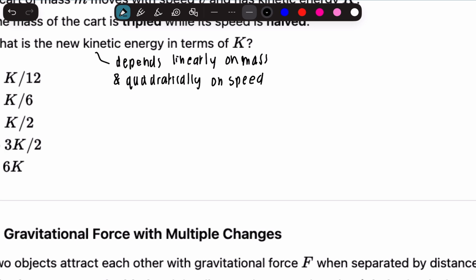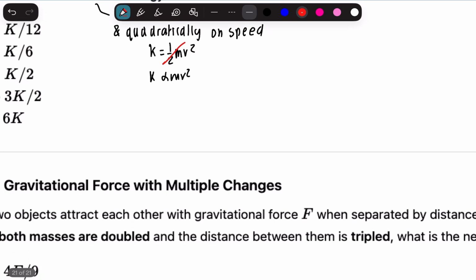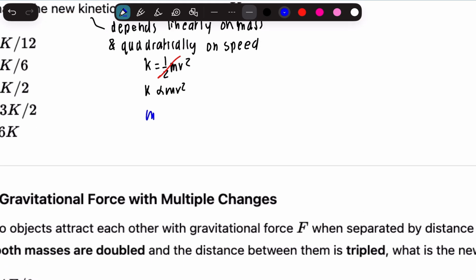So what does this mean? We know that k is equal to 1/2 mv squared, so we get k is proportional to mv squared, and we can cancel out that 1/2. We have to change m to 3 times its value.